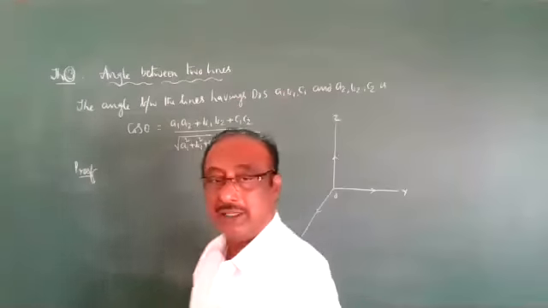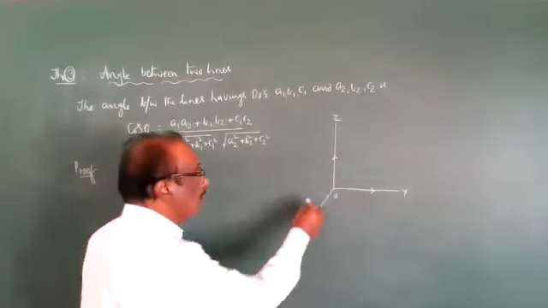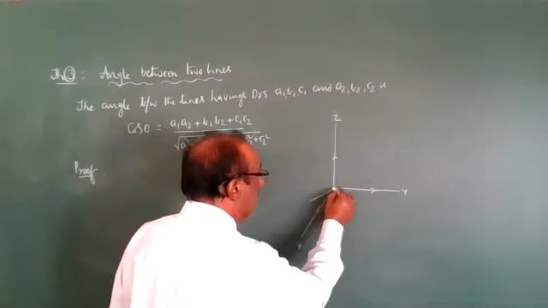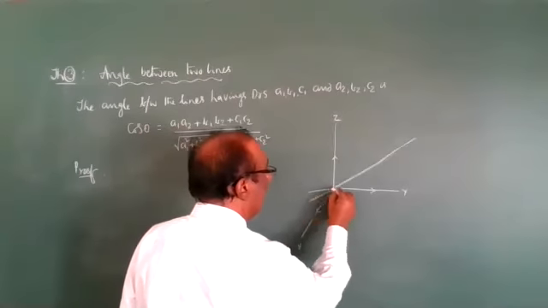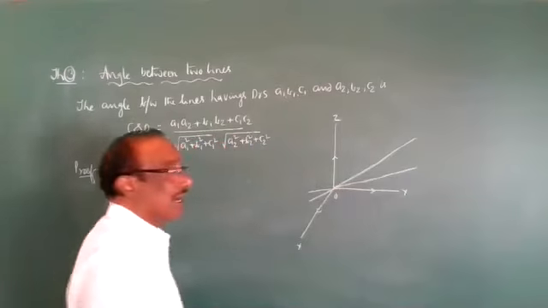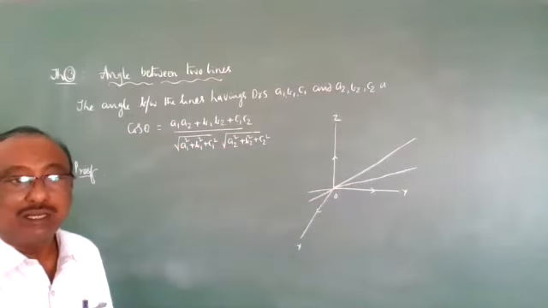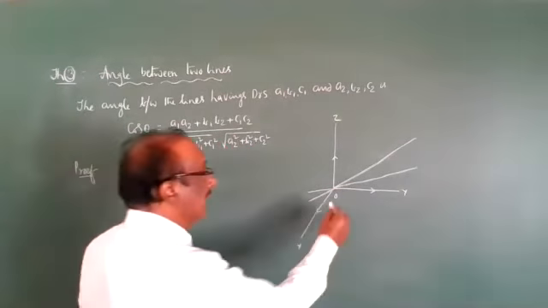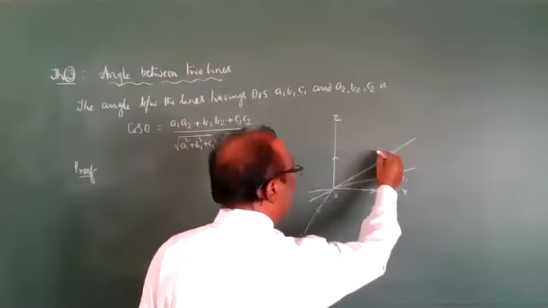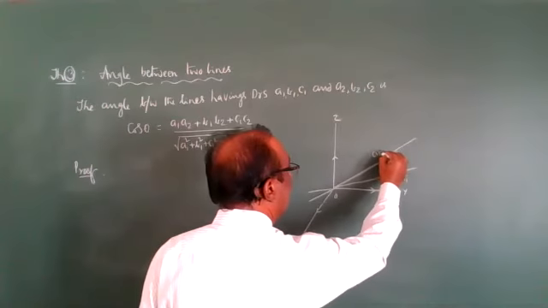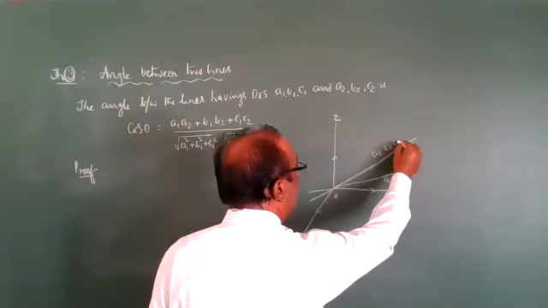Okay? Right. The two lines are passing through the origin, then only we have the DRs. First line DRs is given a1 b1 c1. Second line DRs is given a2 b2 c2.